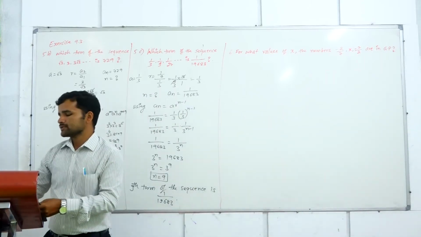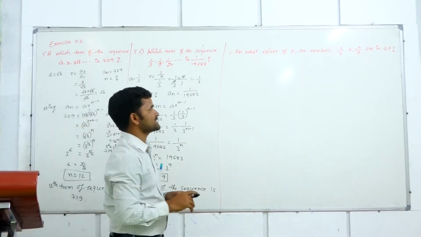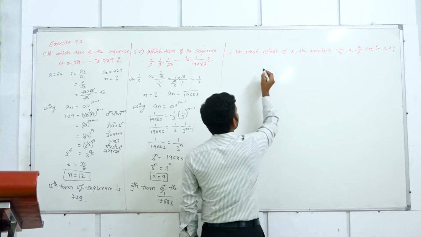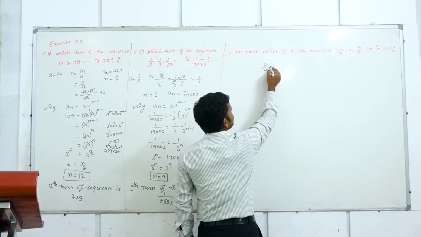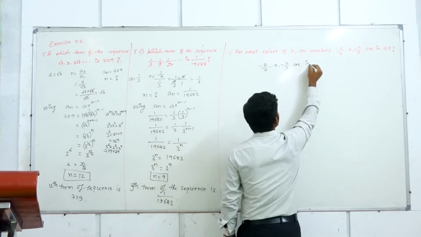What are the values of x which make these three terms in GP is the question here. They have given you minus 2 by 7, x, minus 7 by 2 are in GP.